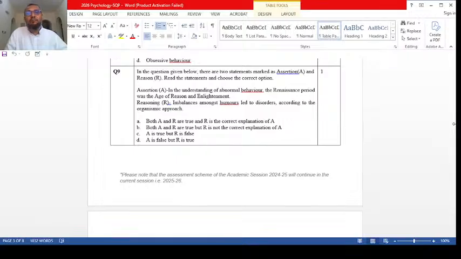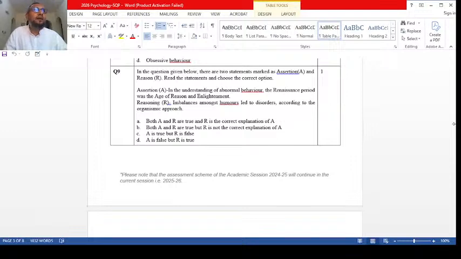Reasoning: imbalances among humors led to disorders according to the organismic approach. The organismic approach believes that the conflict between reason and emotion leads to the development of psychological disorders. So you see here, clearly I can say imbalance among humors leads to the disorders.